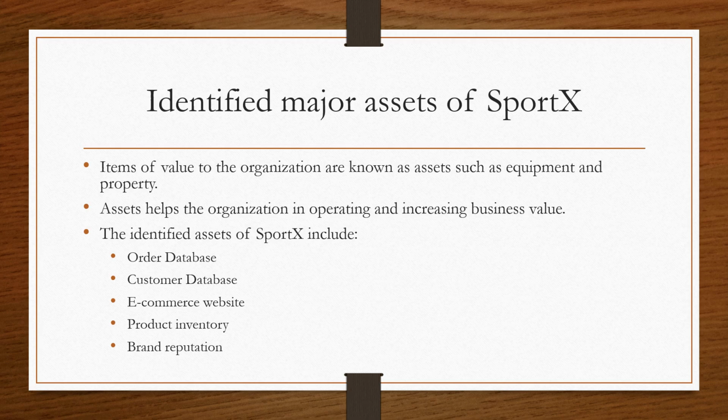The physical product inventory is valuable as it directly affects the company's ability to fulfill customer orders and generate revenue. The last one is brand reputation. Brand reputation is one of the intangible assets of SportX that affects customer loyalty, trust, and perception towards the company's service and product.